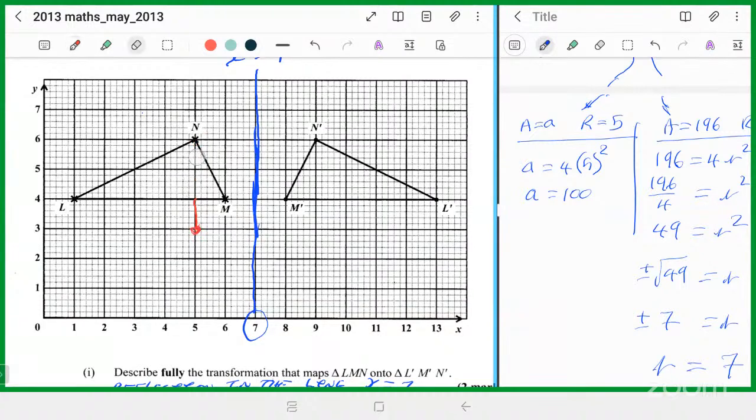This is N double prime, and then you basically draw the same shape around that point. Like 2 below this, you have this horizontal line. 2 below this, you have this horizontal line.